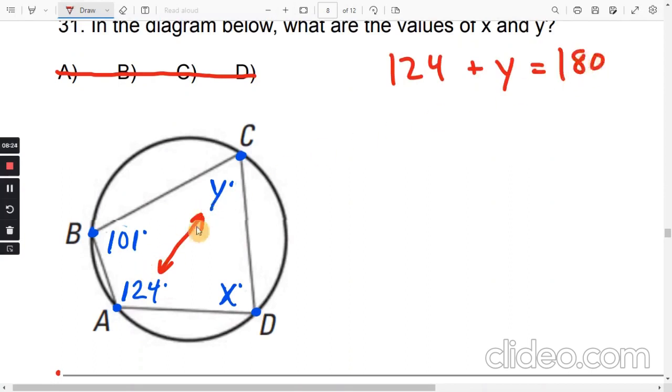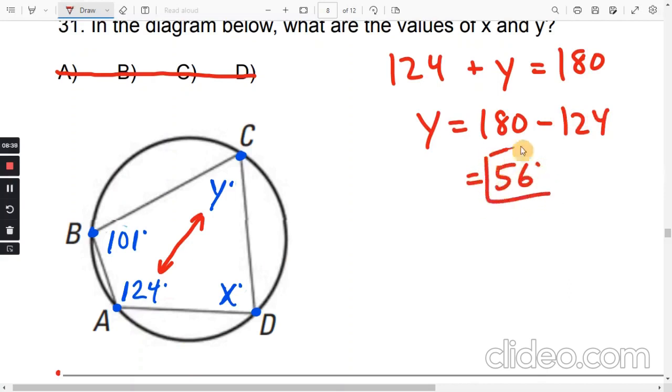These two combined equal 180. They're supplementary. So y is just going to be 180 minus 124, and that is 56 degrees.